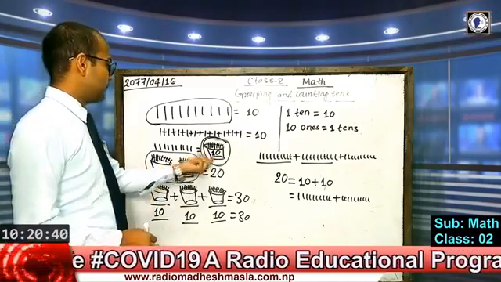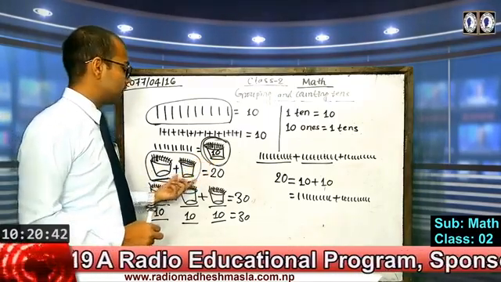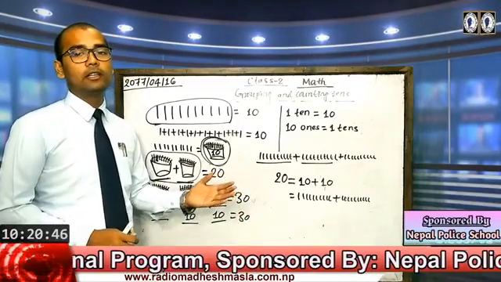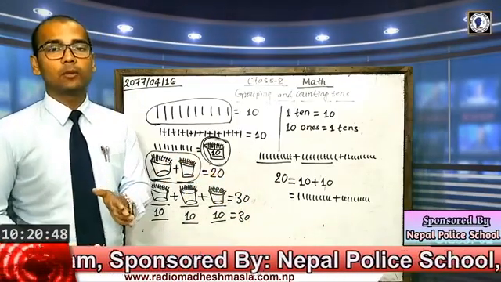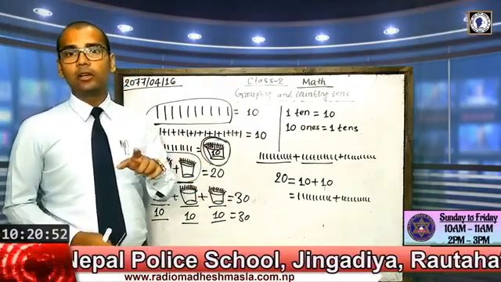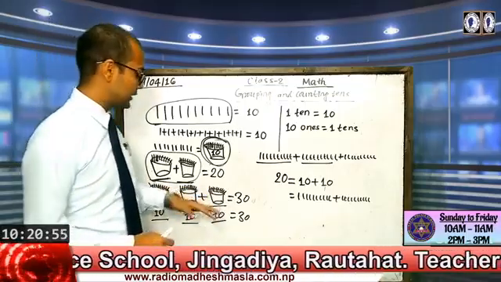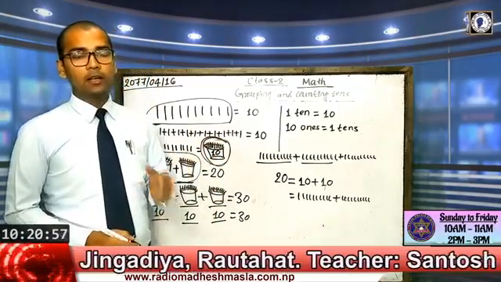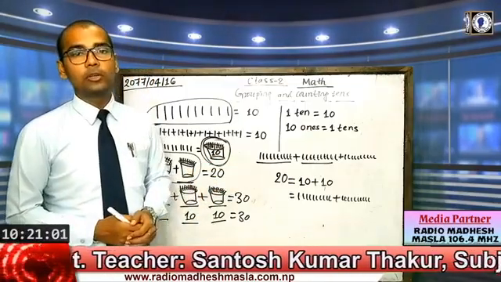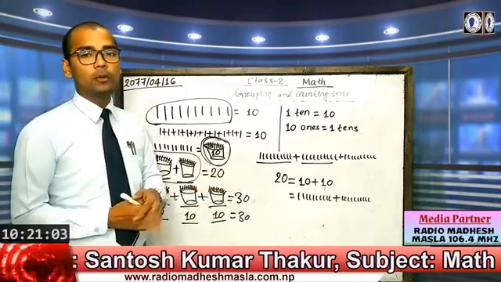Here 1 bunch is equal to 10, 2 bunches is equal to 20, 3 bunches is equal to 30, 4 bunches is equal to 40, 5 bunches is equal to 50, 6 bunches is equal to 60, 7 bunches is equal to 70, 8 bunches is equal to 80, 9 bunches is equal to 90.